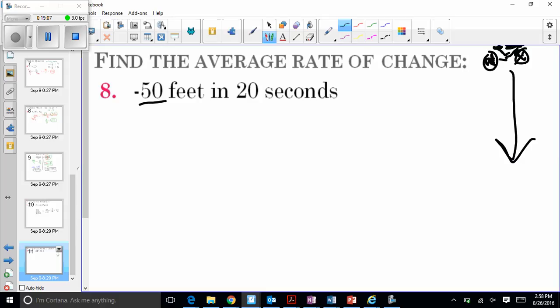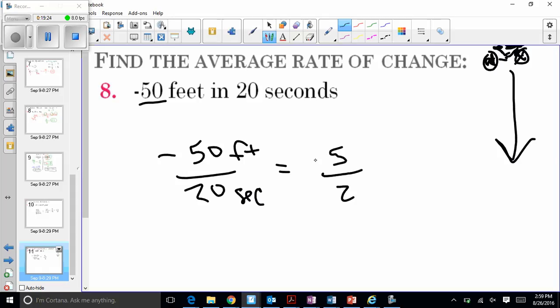Maybe it's giant watermelons, maybe it's an airplane, maybe it's a crashing helicopter, I don't know. But it's falling, so negative 50 feet over a positive 20 seconds. When you simplify that down, that's 5 over 2. You're losing 5 feet every 2 seconds. A unit rate would be for every 1 second, so you're losing 2.5 feet a second.